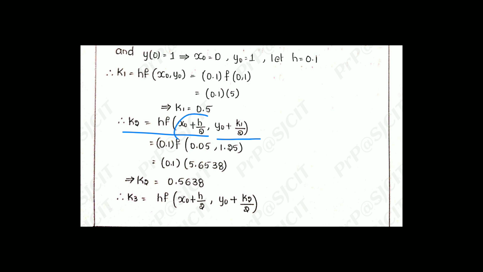So this is considered as the x naught, this is considered as the y naught, and f of x naught comma y naught same thing like this. Substitute those values in the given function and we get x as 0.05, y as 1.25, and substitute in the given function, then we get 5.6538. Multiply with 0.1, then we get 0.568. Likewise we have to find k3 and k4 values.